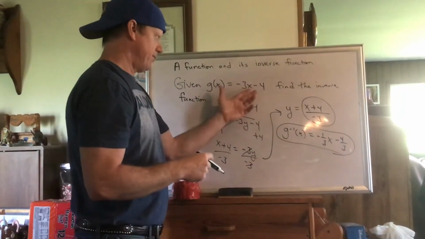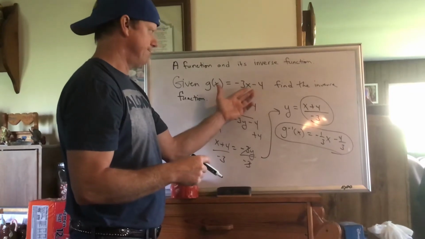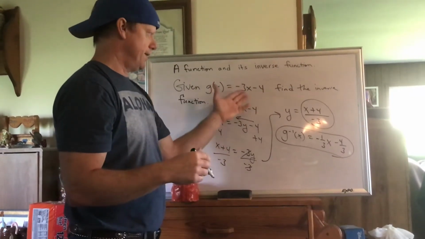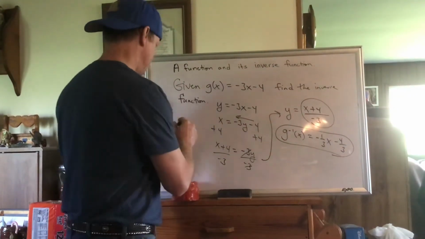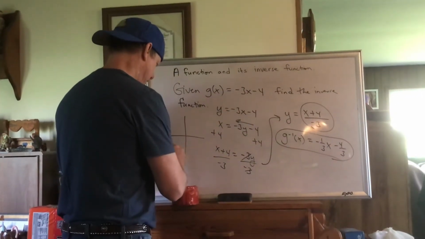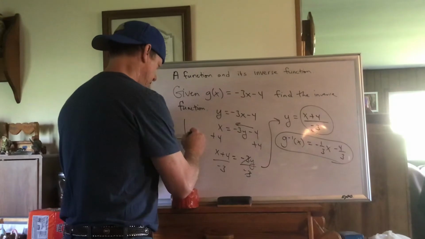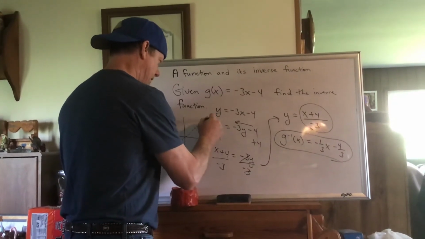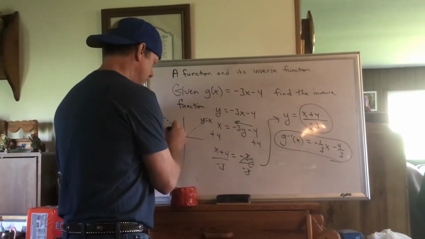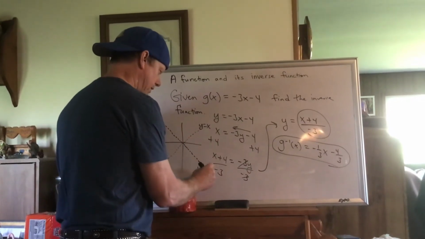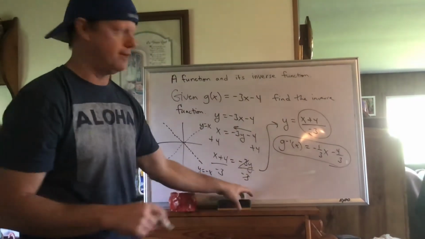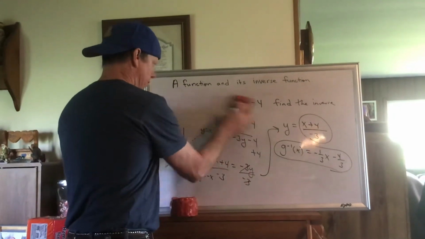And as I said, if we were to graph that out, the function and the inverse function would have a line of symmetry through the identity function y = x, or sometimes they have a line of symmetry through the line y = -x. All right. One more.